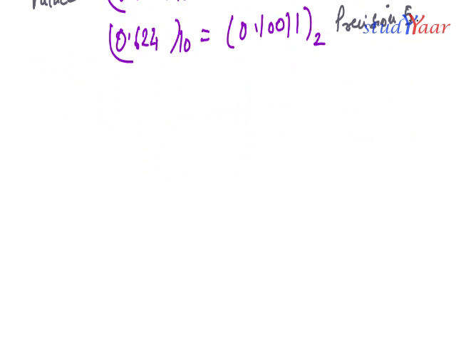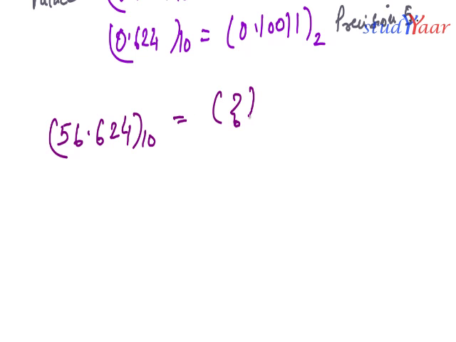So how would we convert a number having both integral and, let's suppose, fractional part into a binary number? Let's suppose this is my number. What is the equivalent binary number?